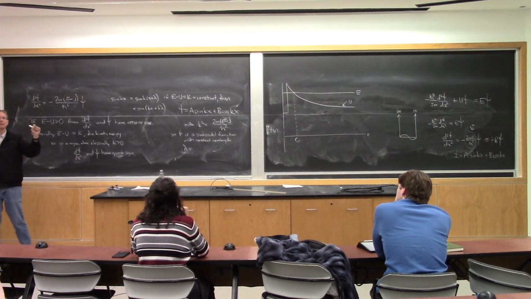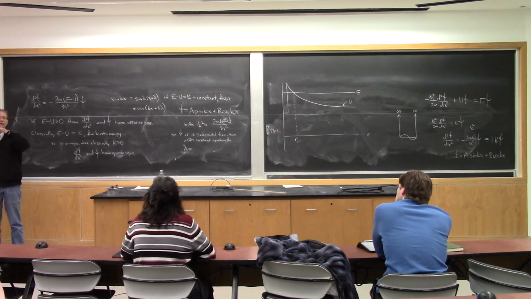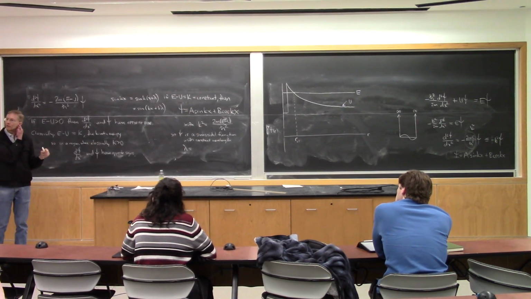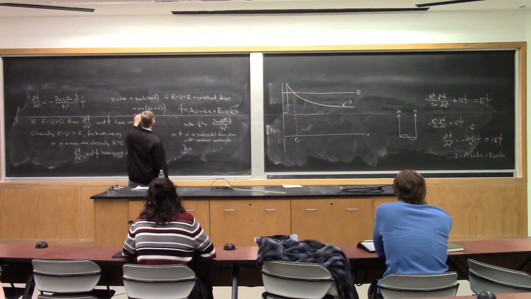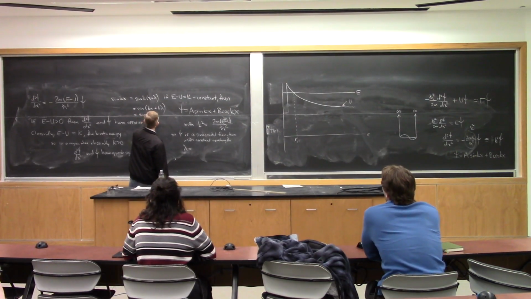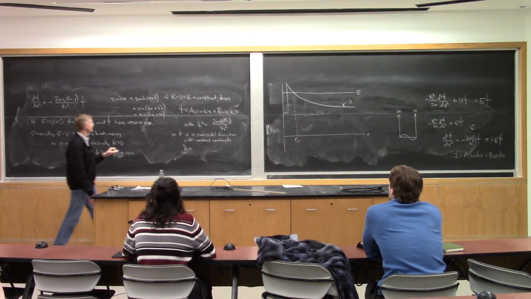But by how many radians has the argument of your sinusoid changed when you've gone through one wavelength? 2 pi radians, because that's one full cycle. So this is sine of kx plus 2 pi.